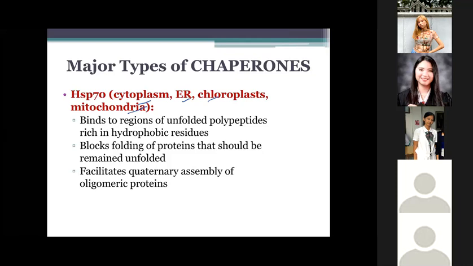So this type of HSP or chaperone binds to regions of unfolded polypeptides such that the hydrophobic residues will be placed interior. Ito ba ang magandang outcome kapag hydrophobic ay nasa loob?